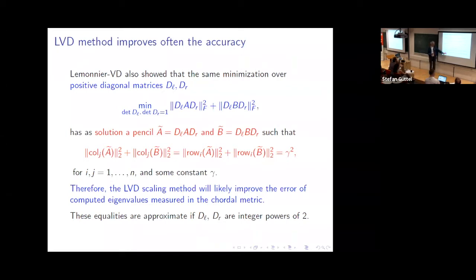I should remind you that DL and DR will be only powers of 2, so this will not be completely reached, because the minimization is over a so-called discrete set. They have to be powers of 2, and therefore these equalities are never really reached, but they are approximately reached.